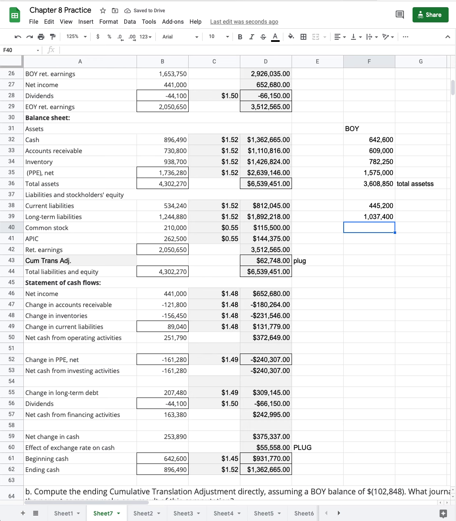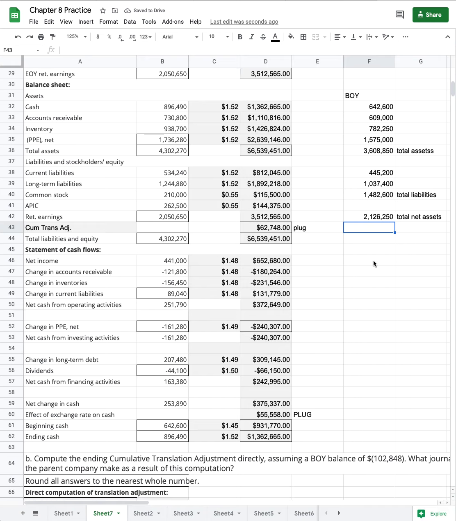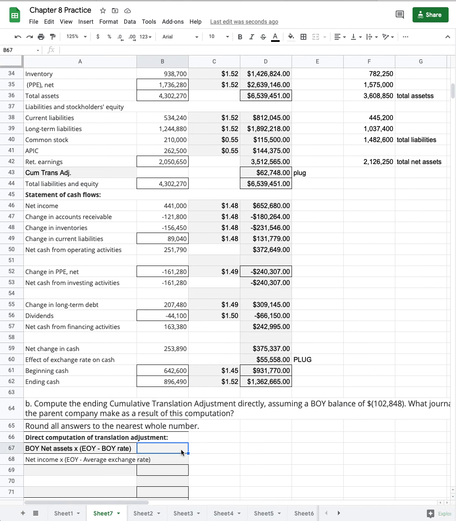And then we can add those together. And so our beginning of year total net assets would be the total assets minus those liabilities, which gives us $2,126,250.